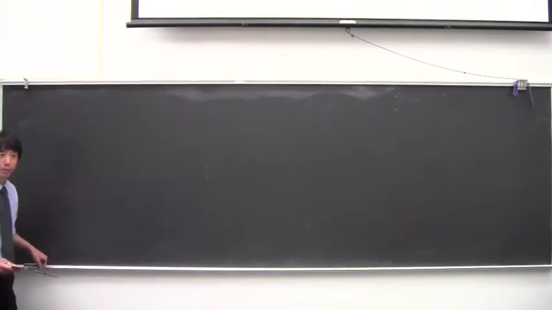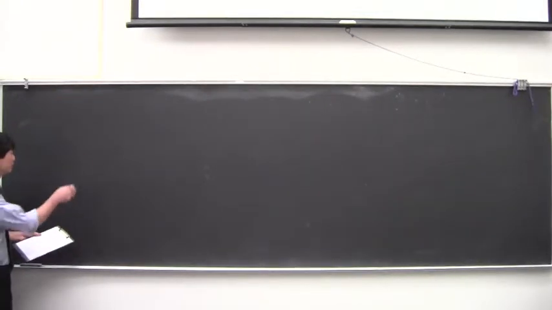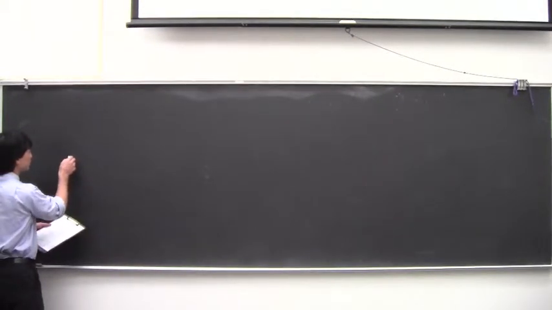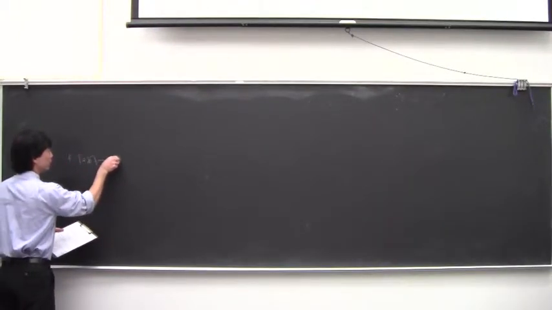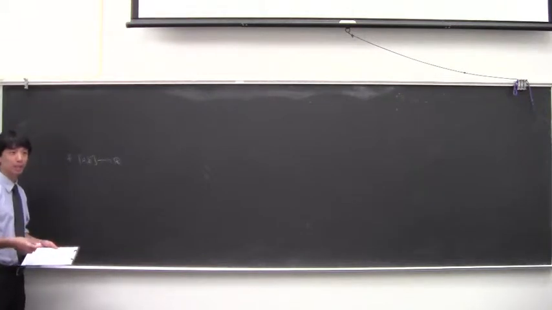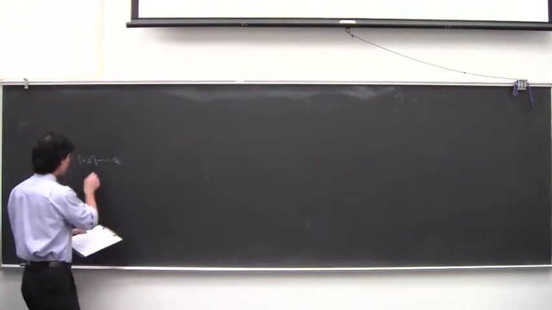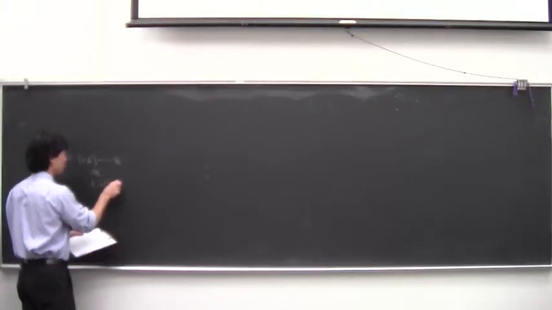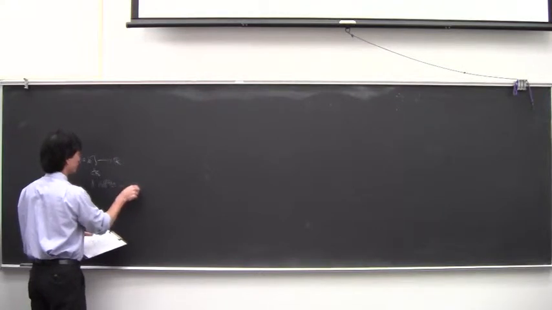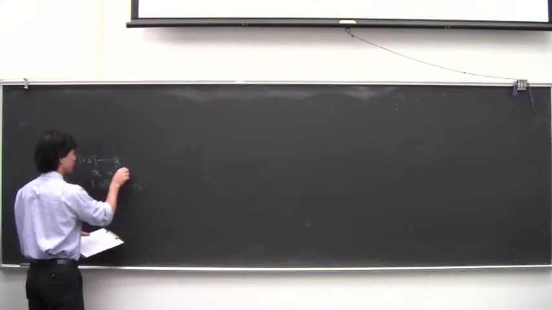We have the first derivative test, right? What is the first derivative test? Suppose somebody gives you a function on an interval, and it's continuous on the whole thing and differentiable on the inside.